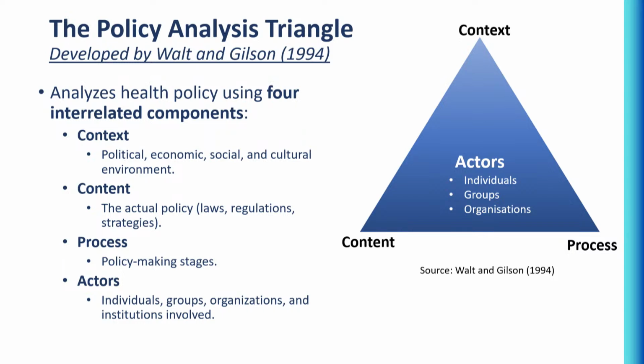Yesterday, if you recollect, Karina in one of her slides already started talking about the various forms of context. Content is the actual policy, the laws, regulations and strategies. Process is the policy making stages. Actors could be individuals, groups, organizations and institutions involved.